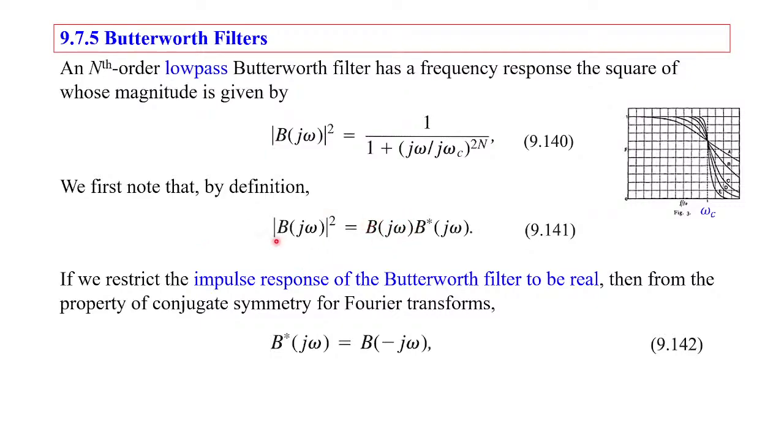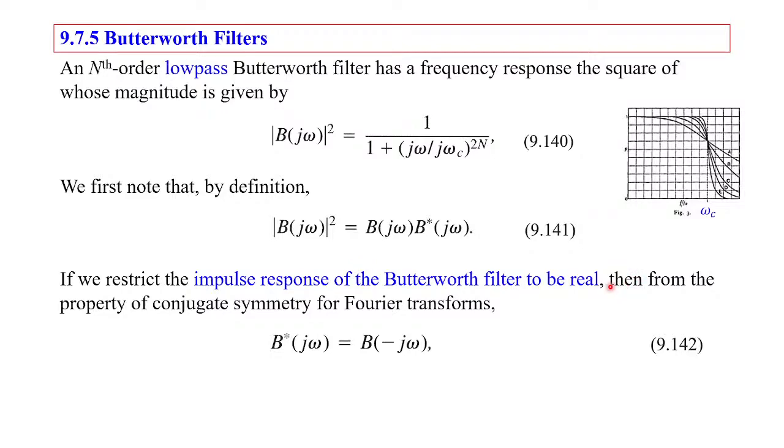Then obviously it's B of j omega times B of j omega's complex conjugate. So nothing really happened. Now first we give a restriction on this filter. We want the impulse response to be real, because most systems, if a signal is real, you probably want your impulse response to be real too.